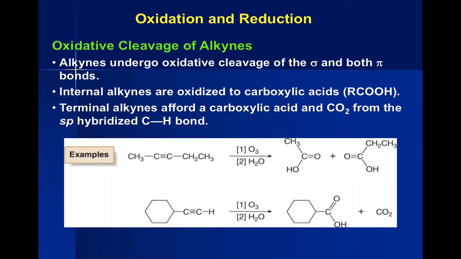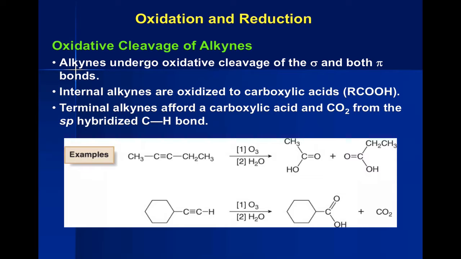So we can cut the carbon-carbon triple bond in half, but instead of getting ketones, we get carboxylic acids. That's the big difference. Because you have that extra pi bond, you have to get more oxidation. And so ozone will add, but it adds twice, and you end up getting these products.